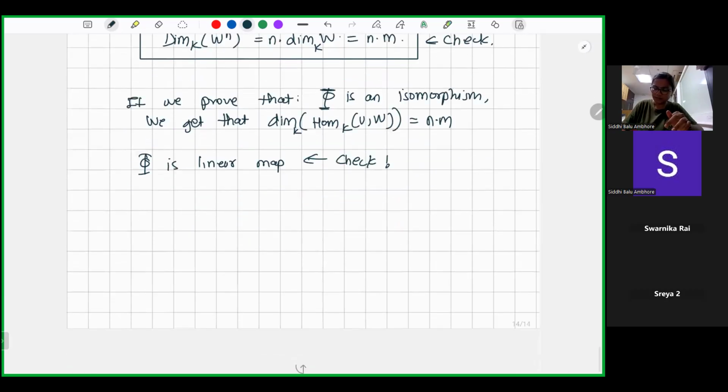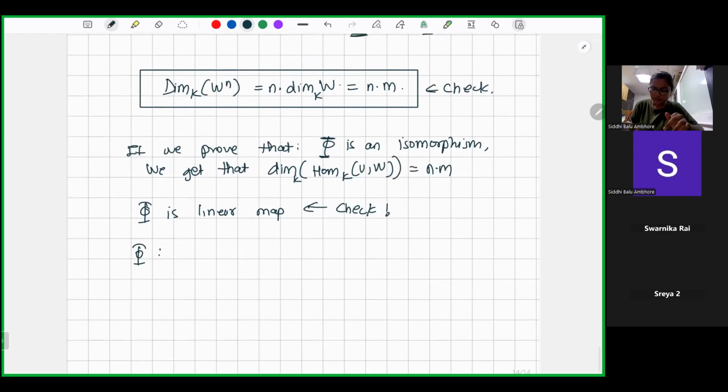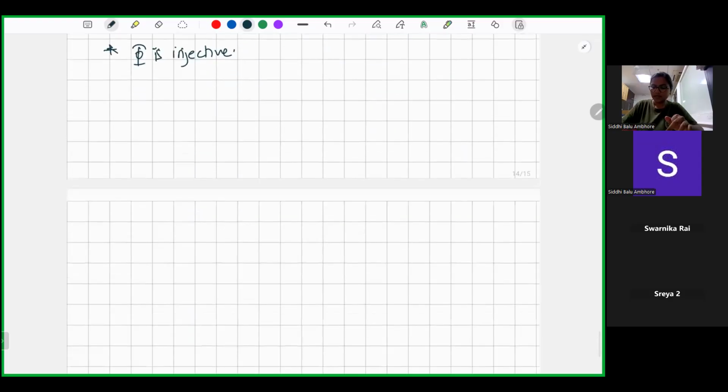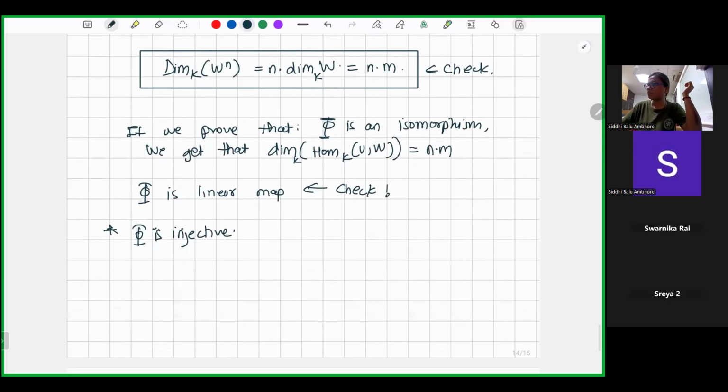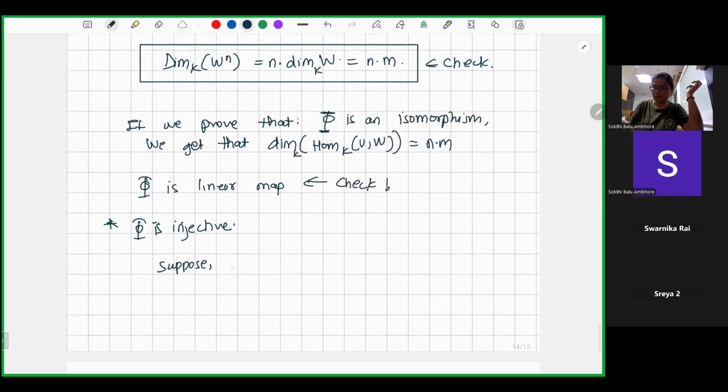Since we are running out of time, I will just prove the injectivity. Phi is injective. How to do this? Suppose f belongs to Hom_K(V, W).